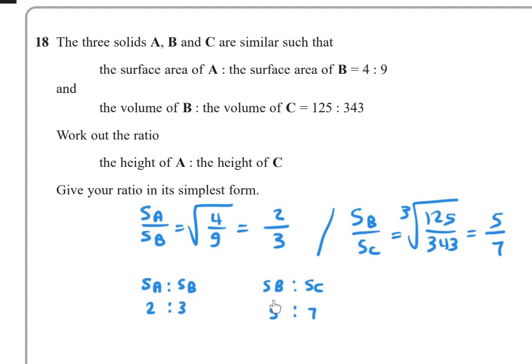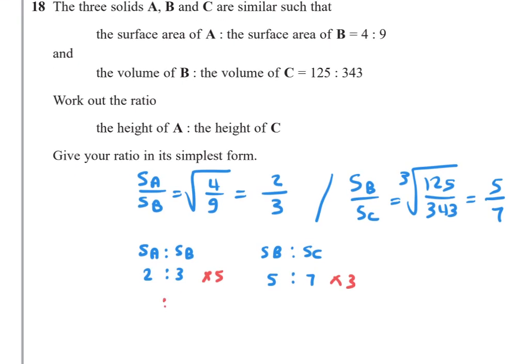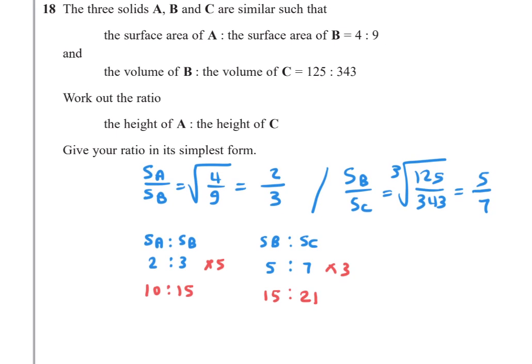I want the same number of parts for side B, so multiply this ratio by 5 and multiply that one by 3. Now you have the ratio between side A to side B, 10 to 15, and between side B to side C, 15 to 21. So the ratio between side A to side C equals 10 to 21. So the ratio between height A to height C, 10 to 21.